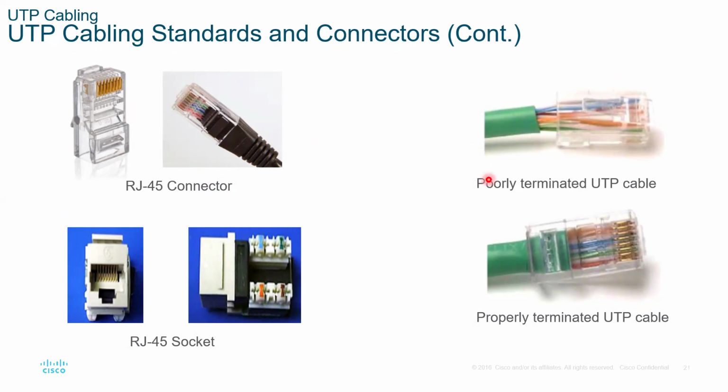We have 2 wires that will show you. This cable is likely to have losses because it is not terminated properly. Then we have this one which is correctly terminated. Very few losses as compared to that one.